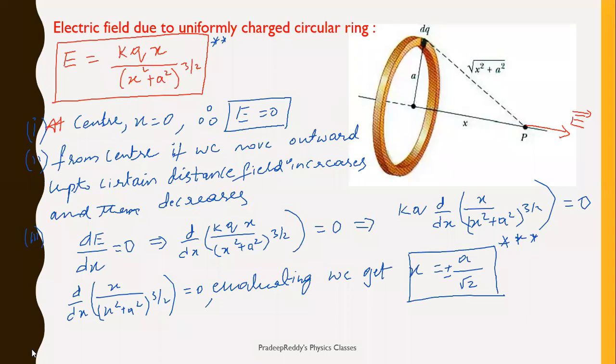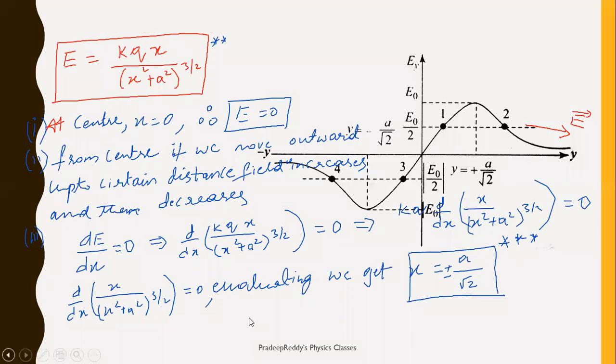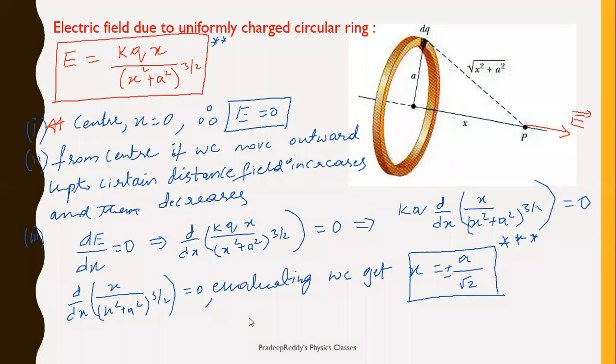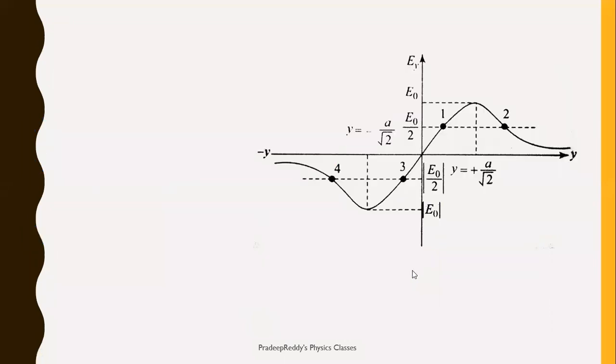This is the graph which you can see. Just hold on for a second. Now see, in this graph I will explain it clearly. As I told you, at the center the field is equal to 0.